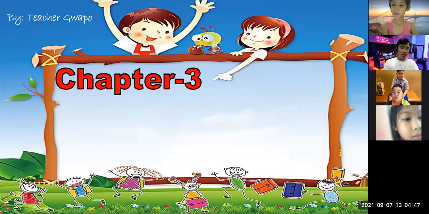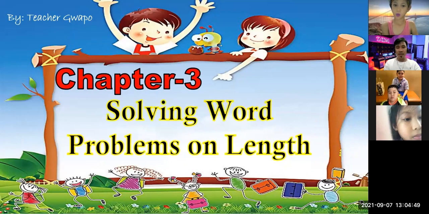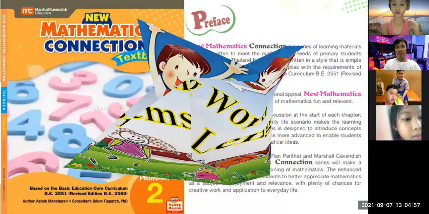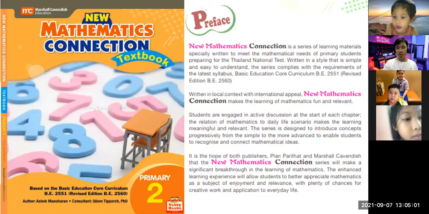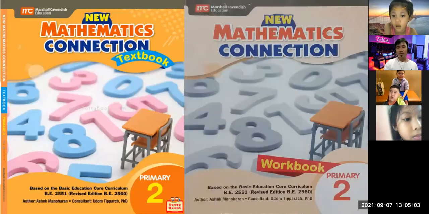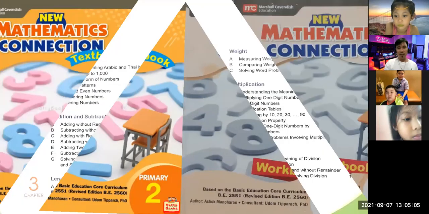Now, for today, we are in chapter 3 and we will be talking about solving word problems on length. So be ready, prepare your pencil and your workbook because after this, we will answer it. This is the textbook that we are using and this is the workbook that you have there with you.